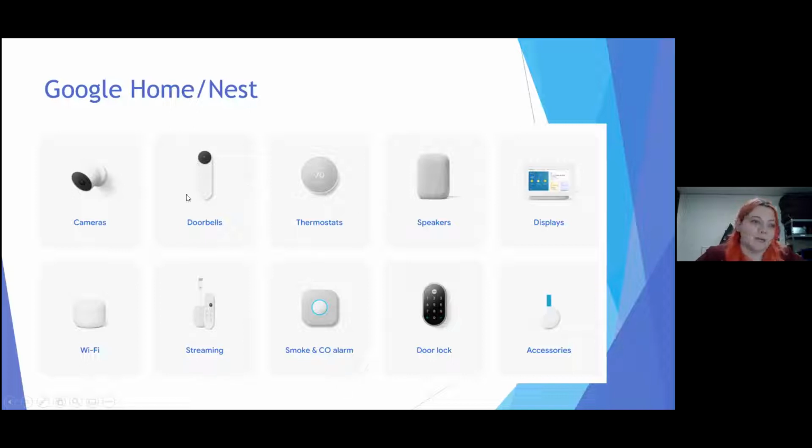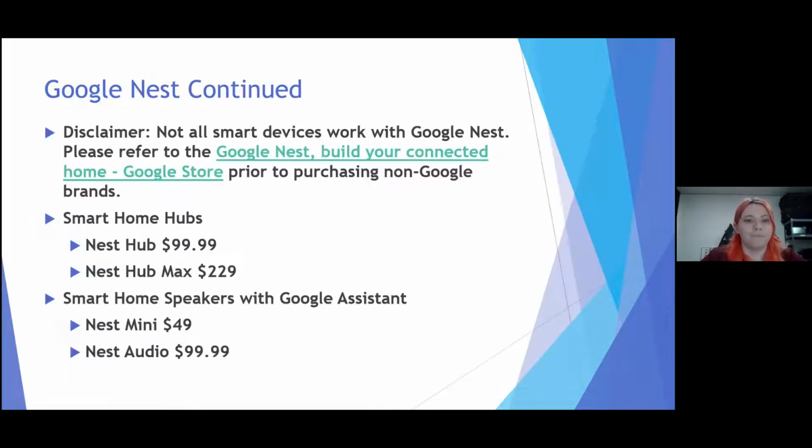They have cameras, doorbells, all sorts of home safety equipment, smart thermostats, smoke alarms, streaming devices, door locks, and displays. So a lot of the same stuff that Amazon offers. The prices are somewhat the same too. Their hubs are about the same price, $100 to $200.